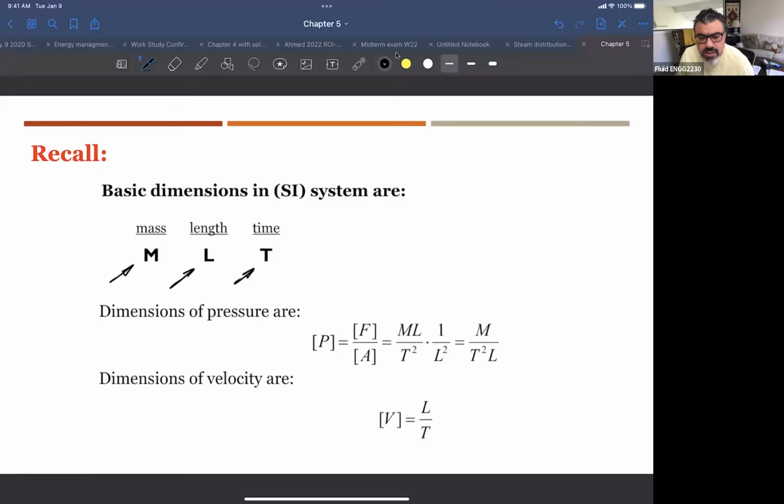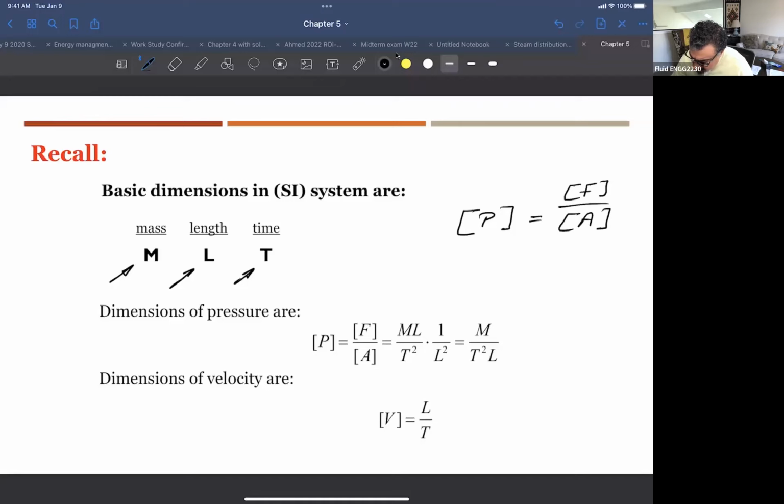The dimension of the pressure is a secondary dimension, because we know that the pressure, and again, this bracket here means the dimension, so the dimension of the pressure is the dimension of the force divided by the dimension of the area, right? So we call the pressure dimension a secondary dimension, or a secondary value.